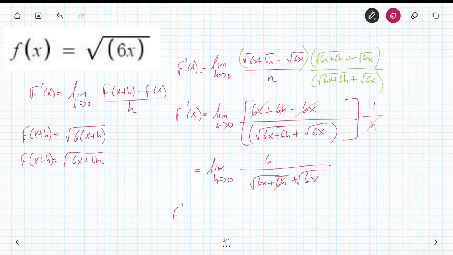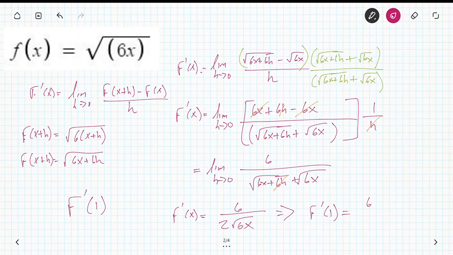So f prime of x is going to be 6 over 2 times the square root of 6 times x. Okay, and if we wanted to find the derivative at, let's say, 1, then f prime of 1 is going to be 6 over 2 times the square root of 6. Okay, and you can simplify that further, but I'm not going to.